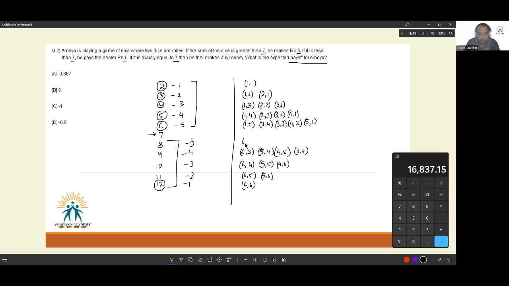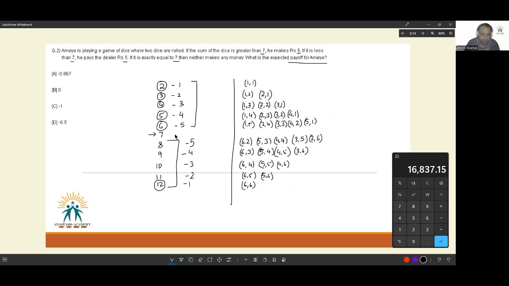Similarly, for 8, we'll have 6, 2. Hopefully, you can see the mirroring impact. 6, 2, 5, 3, 4, 4, 3, 5, and 2, 6.